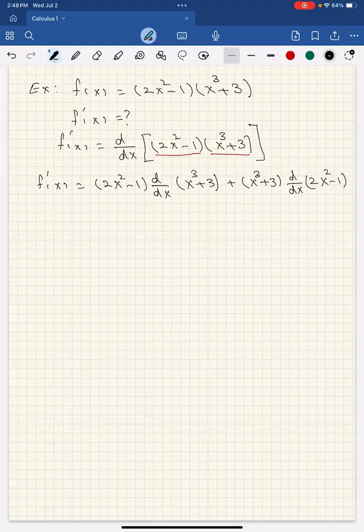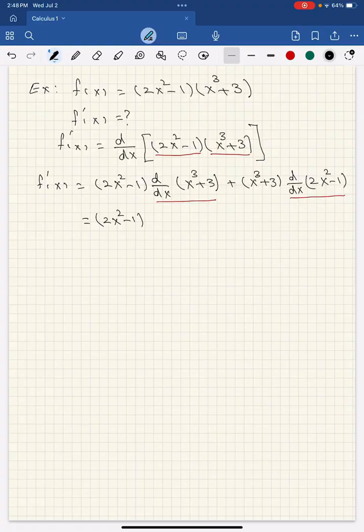Now where to work? We work in a place that we have d dx in front of it. It means first we find our derivatives. Keep 2x squared minus 1. d dx of x cubed plus 3, it's the addition rule, right? You take the derivative of x cubed and also you take the derivative of 3.